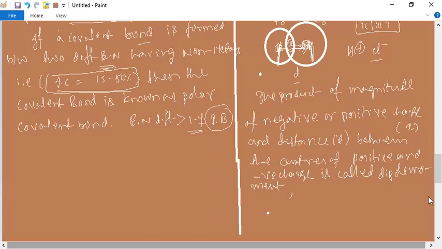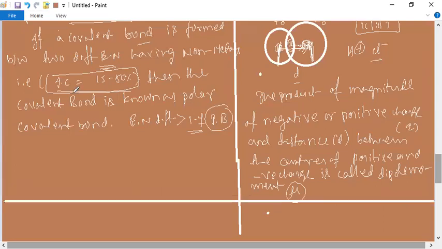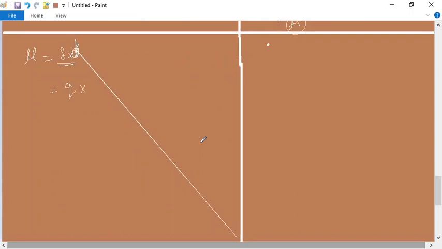So mu equal to delta into d. Otherwise, delta you can write charge Q and D is the distance between two nuclei.